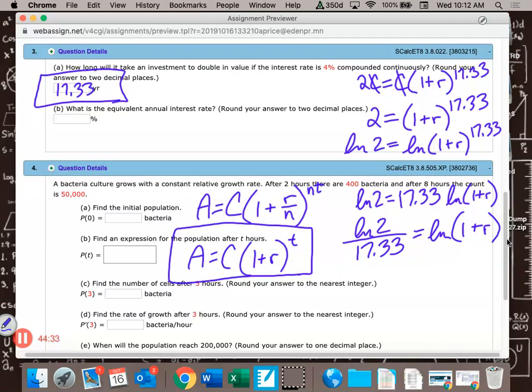When we have an ln equation, we E both sides. The mathematical term for that is exponentiate both sides. What that means is you're going to make each side be an exponent of E. So what you get is E to the ln2 over 17.33 equals, what's E to?